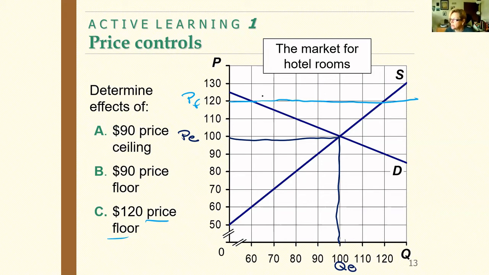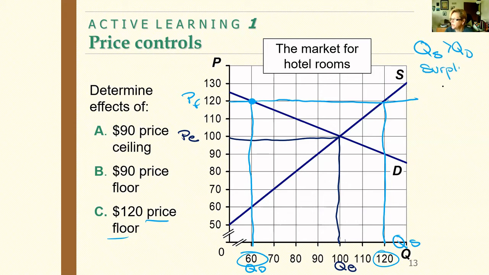It's binding. That's correct. What's the effect? Well, here is our quantity demanded at 60 units. Here's our quantity supplied at 120. So quantity supplied is greater than the quantity demanded. We know that that is a surplus, right? The surplus here, 120 minus 60 equals 60 units.